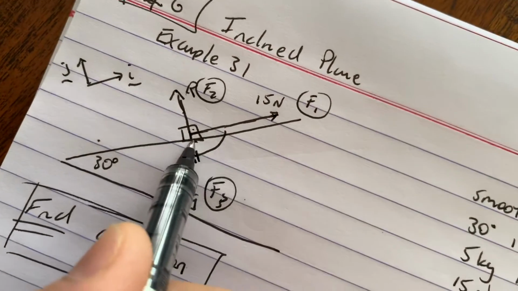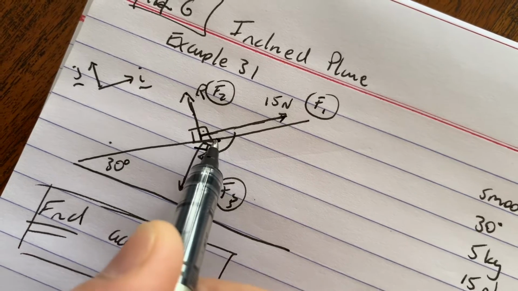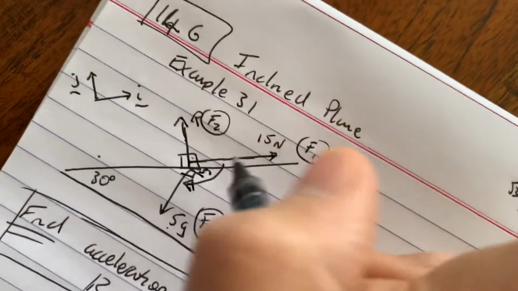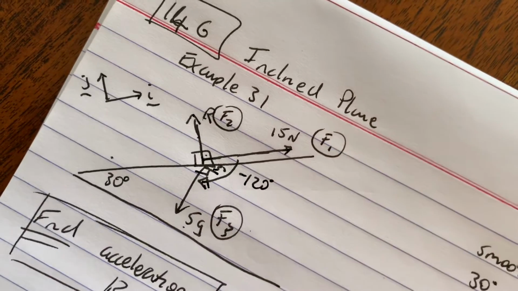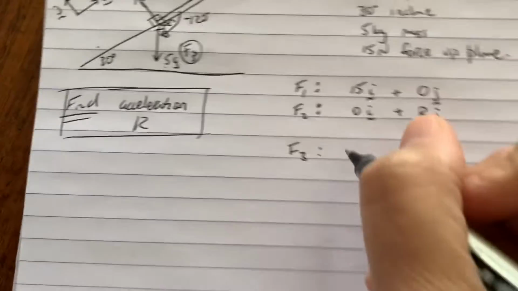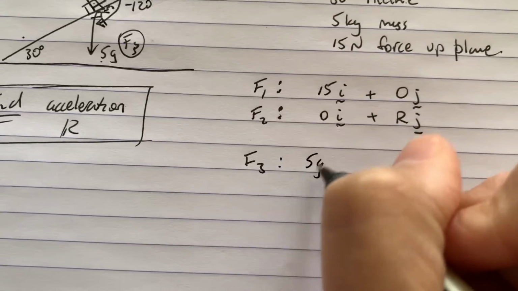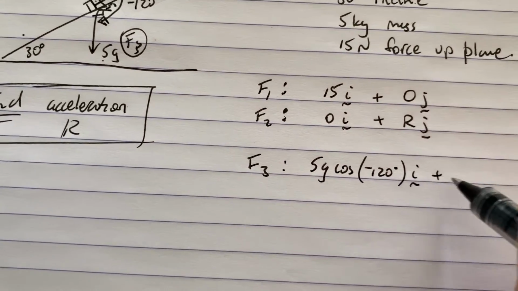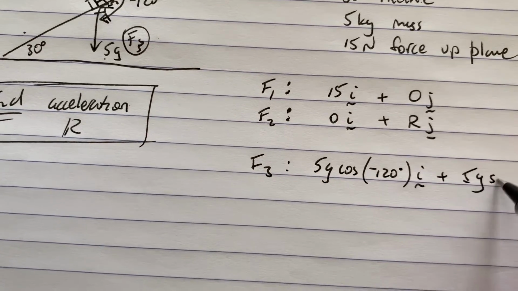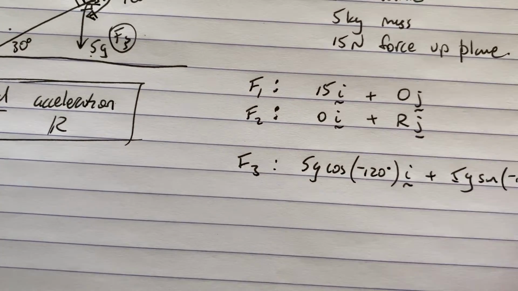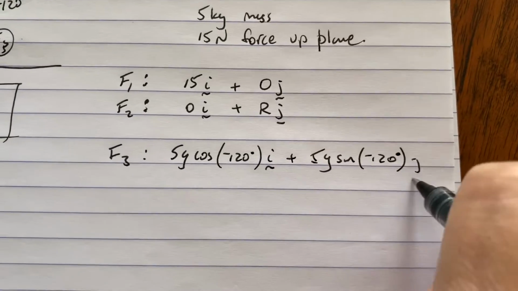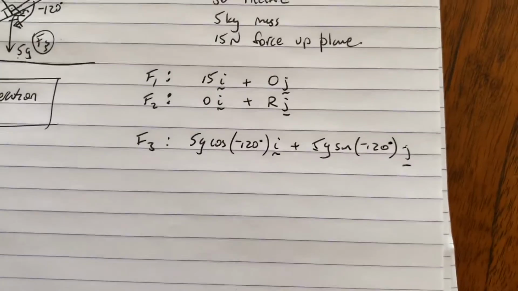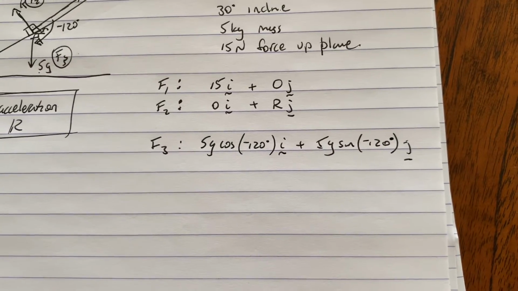Now our angle's going to be 90 degrees plus 30, but it's coming down, if we think of this in the x direction, that's going to be negative 120. So we write it as 5g cos negative 120 i plus 5g sine negative 120 j. It's the easiest way to resolve into both our x and y directions.